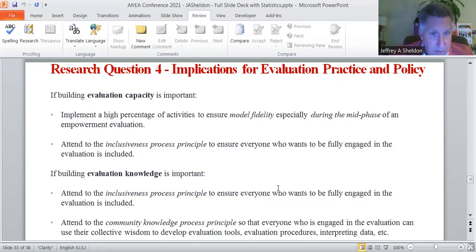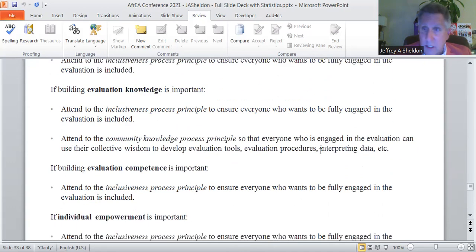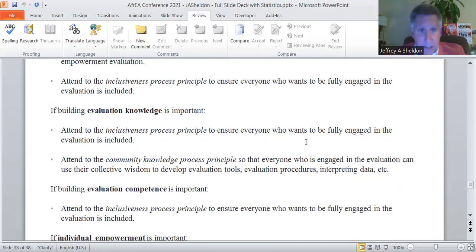And if evaluation capacity building is important, attend to the inclusiveness process principle to ensure everyone who wants to be fully engaged in the evaluation is included. You'll notice evaluation capacity is part of empowerment. It's part of self-determination, right?